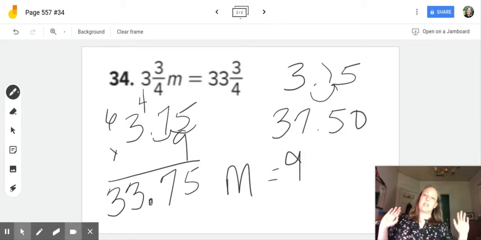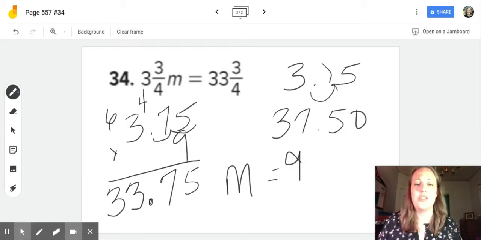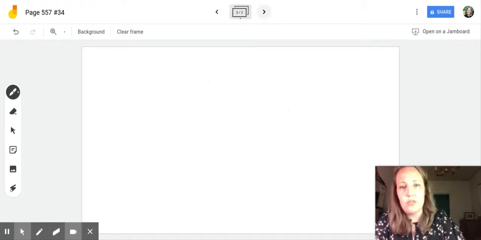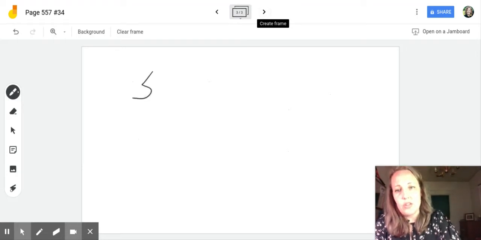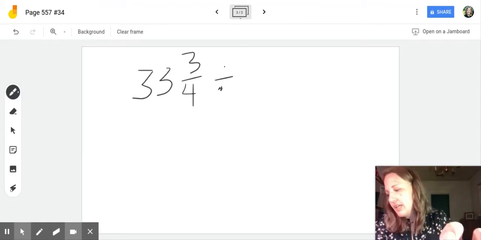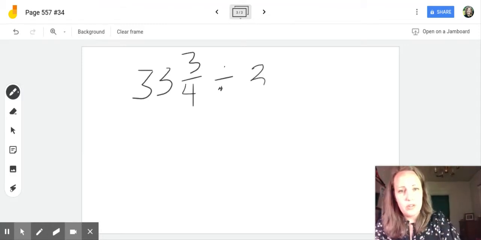Now, there's tons of ways that you could have approached this. The standard algorithm would say this. We're going to take 33 and 3/4 and divide it by 3 and 3/4.